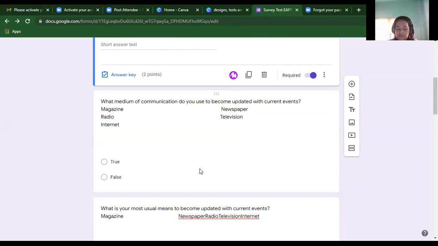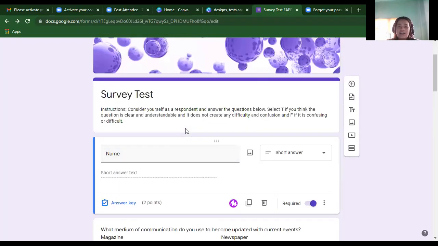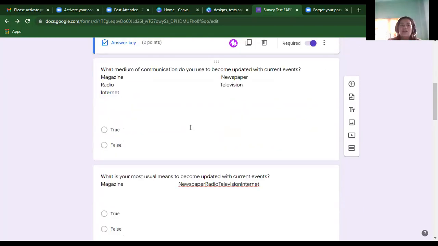In selecting true or false, you will have to identify if the question expresses a good idea, a clear idea, or an understandable question without any difficulty or confusion, and F if it's confusing. You are given 2 points for each item.